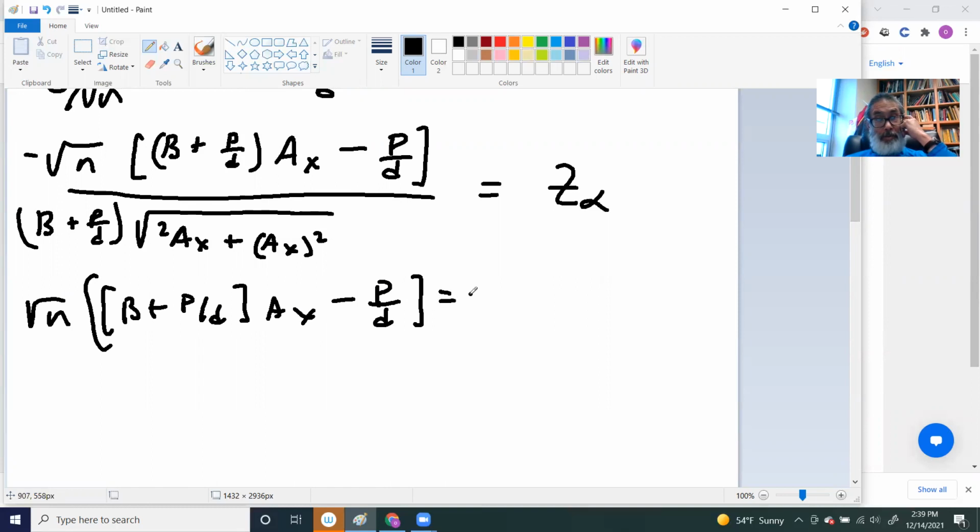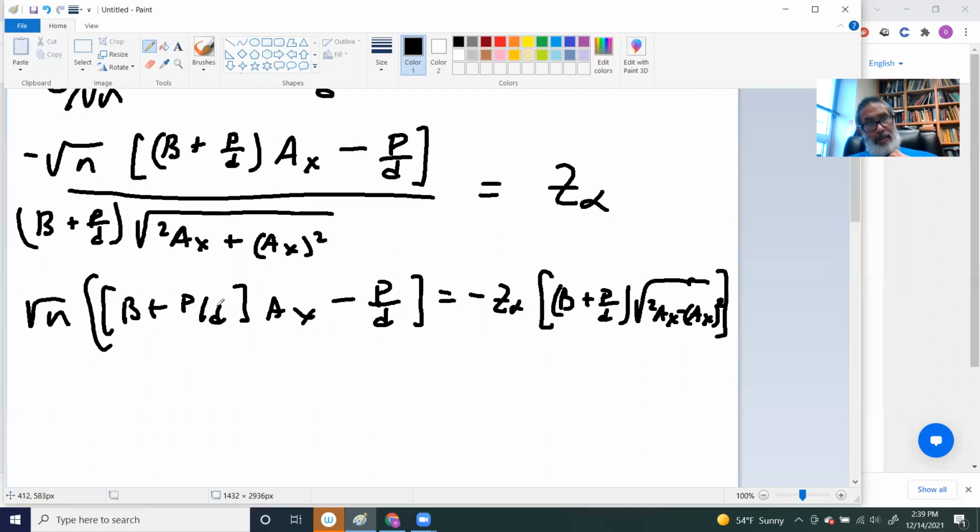This is going to equal minus z alpha multiplied by this right here. Now, in principle, you can combine these to get one factor of p on this side for premium.